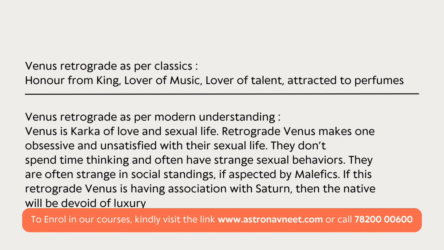So when the Venus is retrograde, it is obsessive, it is not thinking, and you may have very strange behaviors in your sexual activities. Having Venus retrograde and not satisfied.